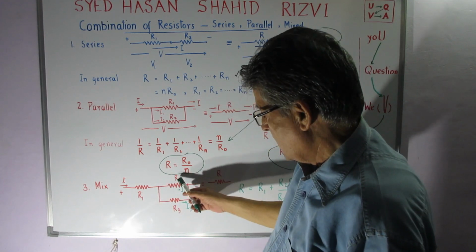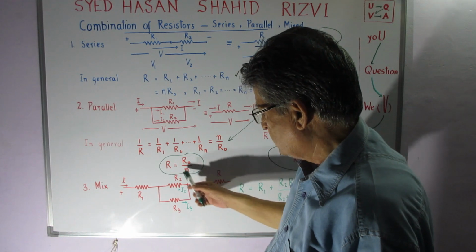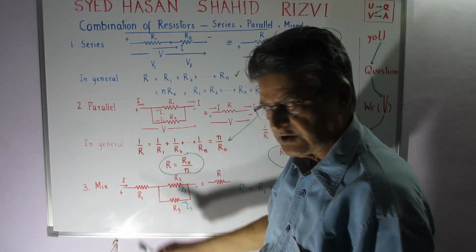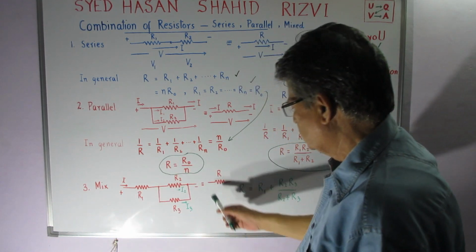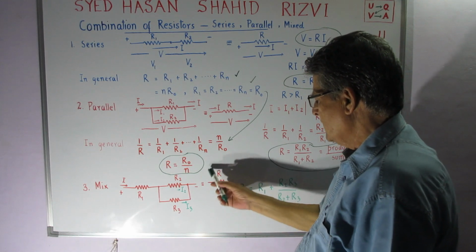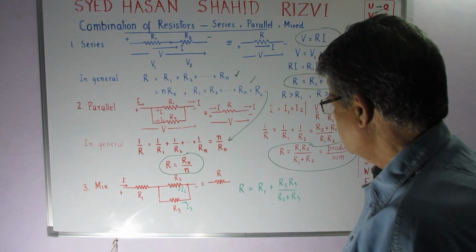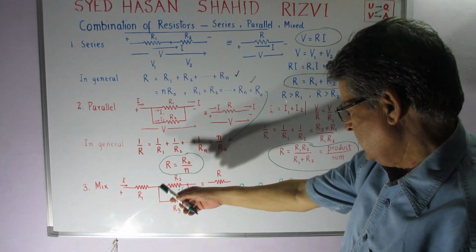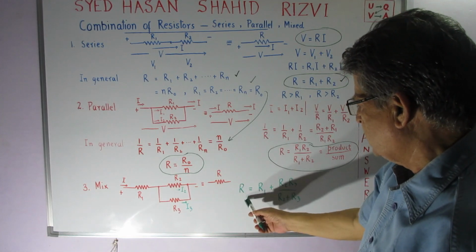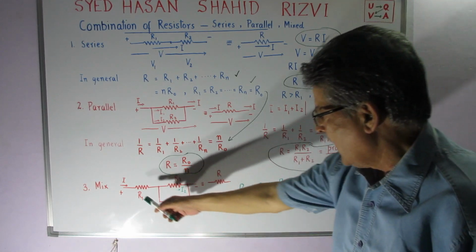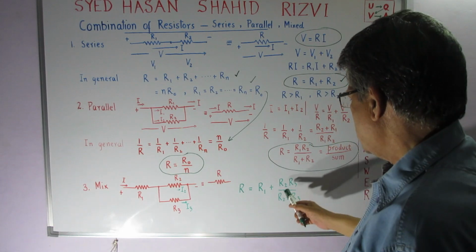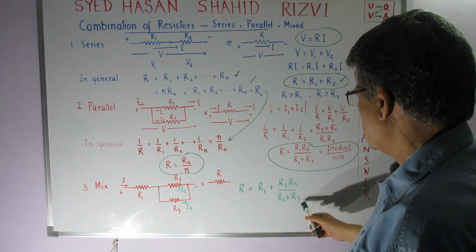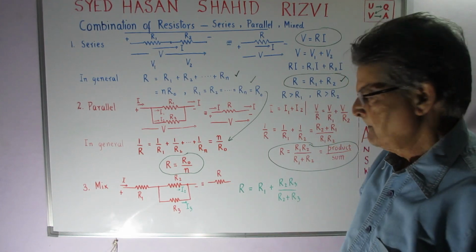No, R2 and R3 are in parallel, and the parallel combination is in series with this. So this is equivalent to a resistance R, like we have been doing, and then even just by inspection I can say that R will be equal to R1 plus R2 R3 upon R2 plus R3, etc.